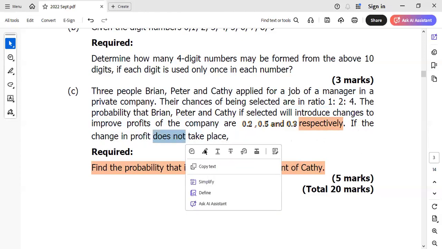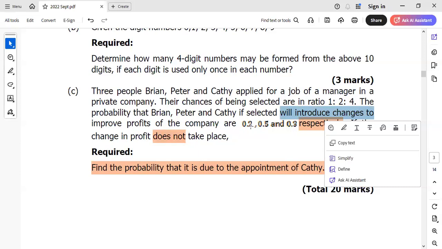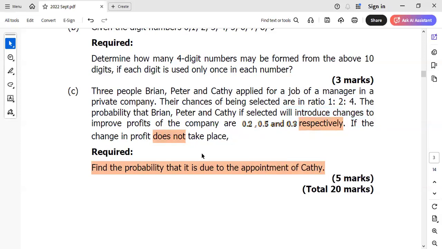Sometimes when you are in an exam, you will not read this word, but it is very, very key. Your focus is on the probability that the change in profit does not take place due to the appointment of Cathy.